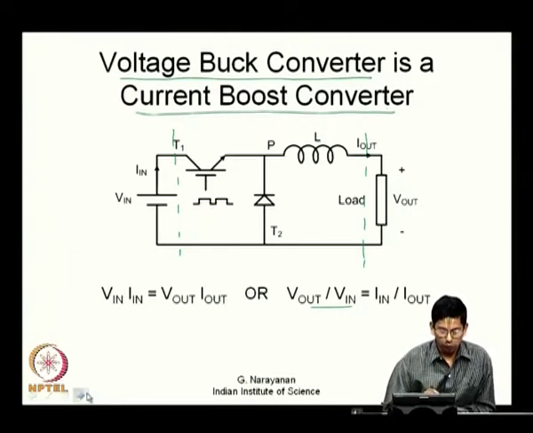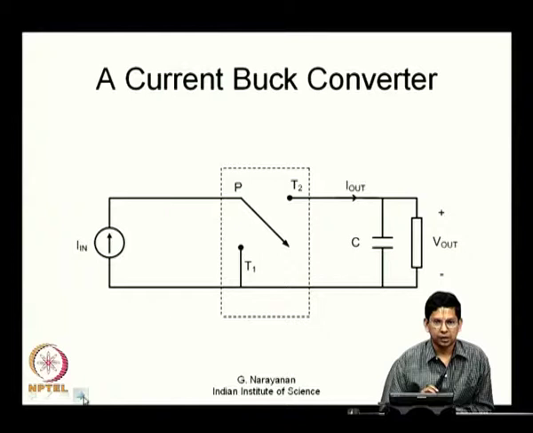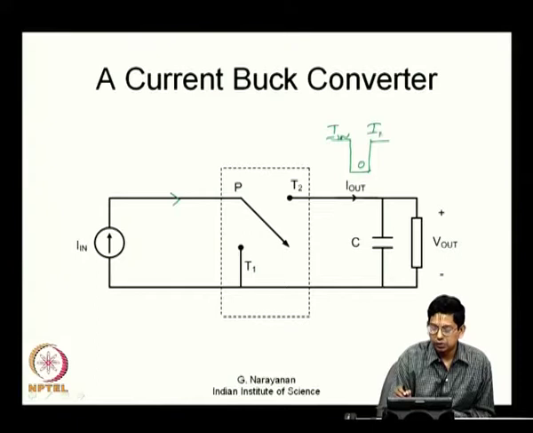Now, if you want a voltage boost converter, what you need is actually a current buck converter. So, this is what I would run now. So, this is a current source here and there is a current buck converter now. There is a constant current flowing through this line, whereas if you look at this I out, what flows through this T2, there is a current equal to I in or 0.